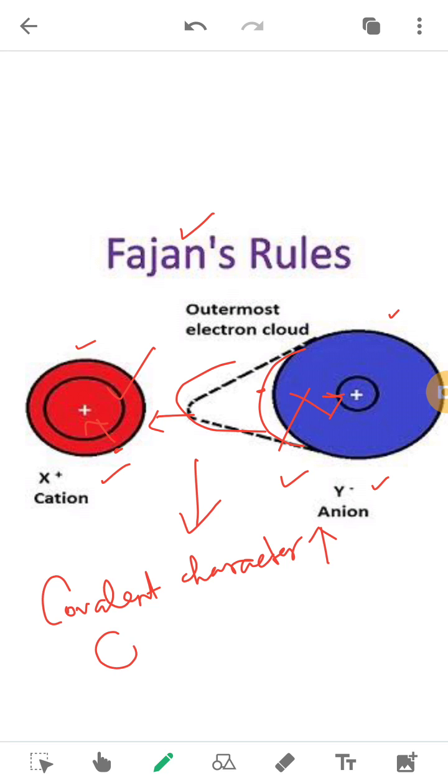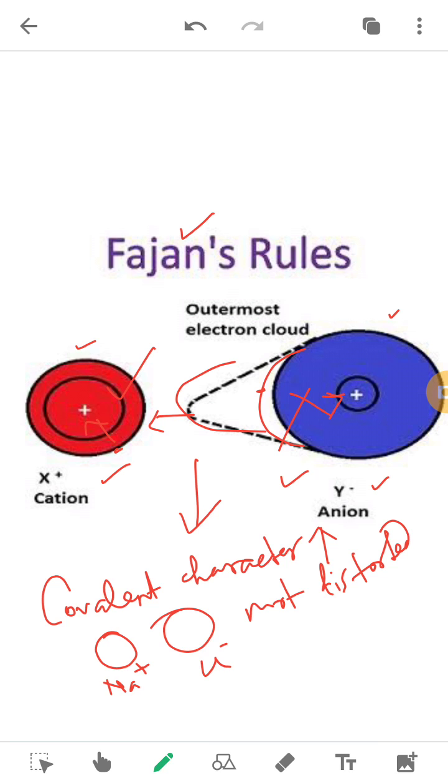Because when it is drawn in circular shape, that means it's not distorted, they are in their own ionic forms, so they can form ionic bonding quite easily. But when it gets distorted, the covalent character has been increased. So this is through the image.